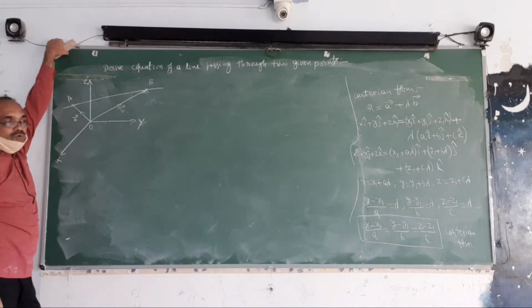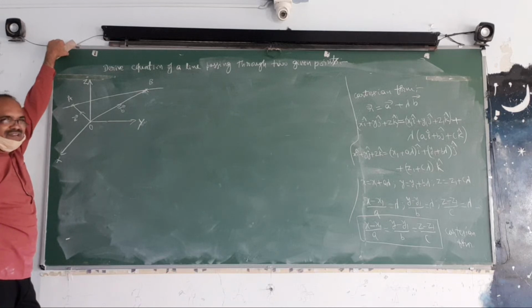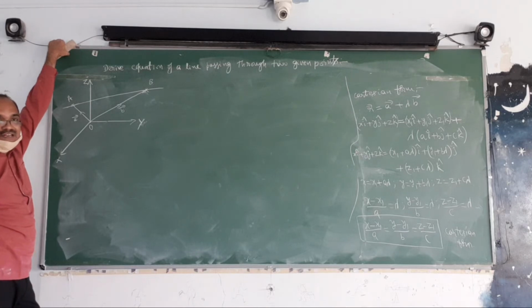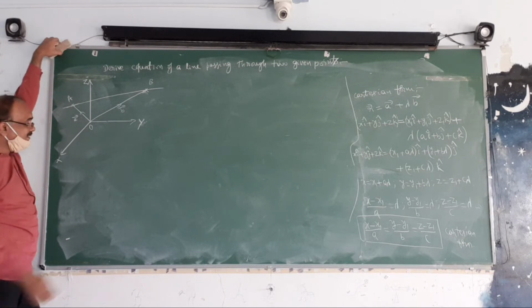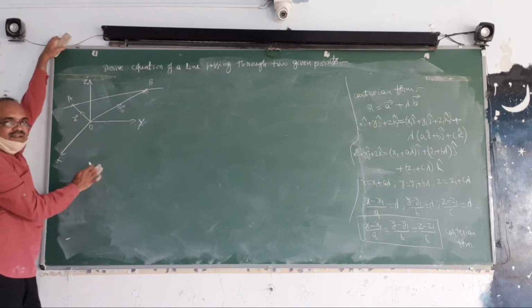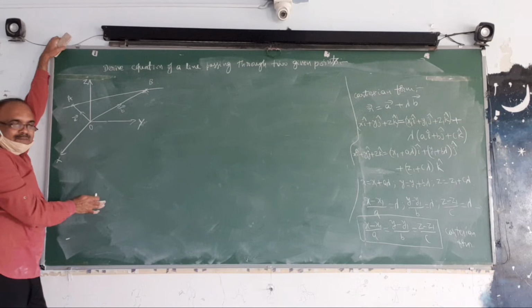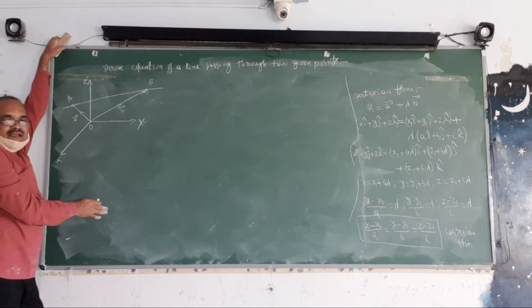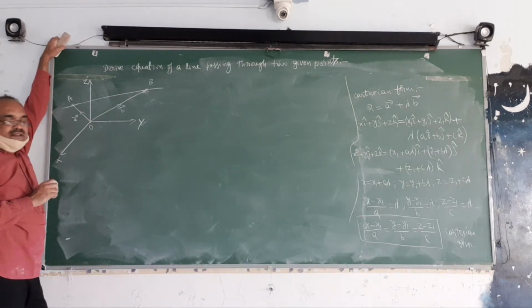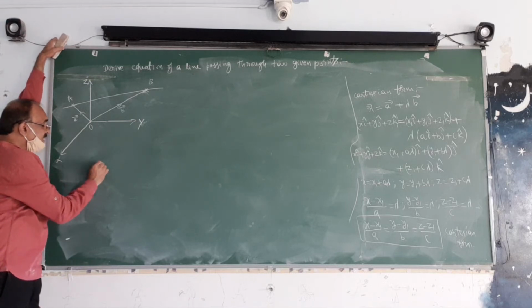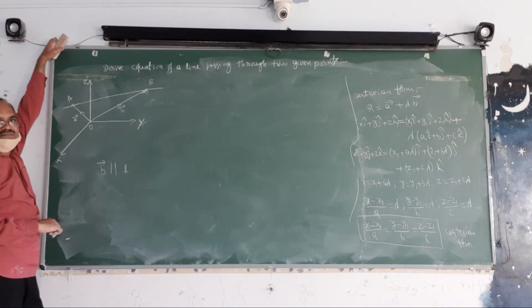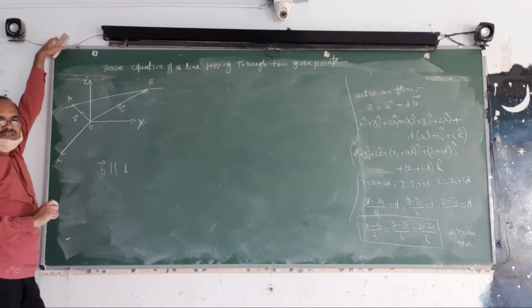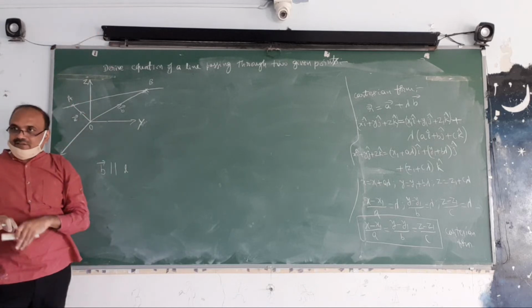Oh, in the previous thing I missed one very important point. You should mention that the given line is parallel to vector B. I did not write it anywhere, can you please write it down? Now I am realizing. Below the diagram, I have written A and P and B. One more thing given is that vector B is parallel to your line L. Please write that, because this information was given and we did not represent it.